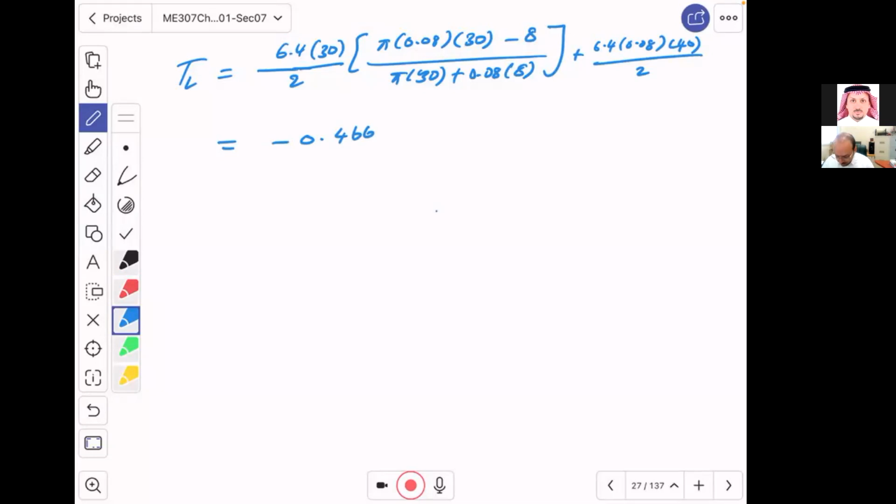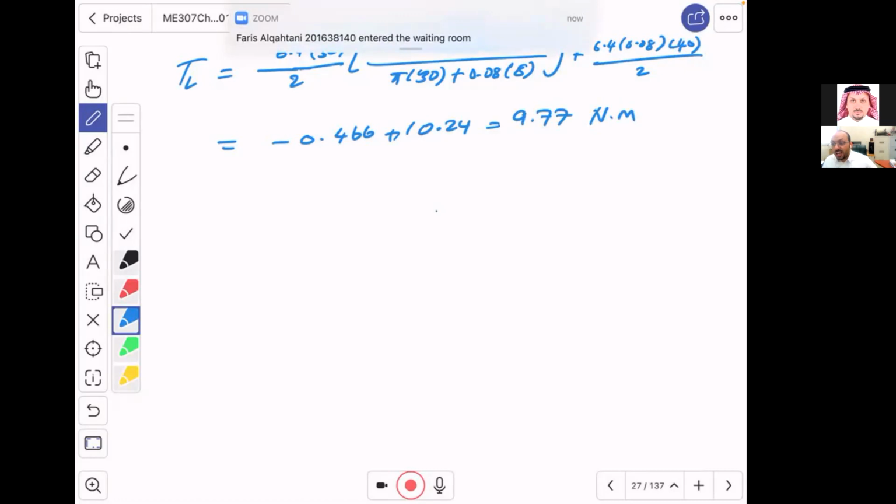Then 0.466 plus the torque of 10.24 from the collar is equal to 9.77 Newton meter. Now look, the minus sign in the first term indicates that the screw alone is not self-locking. If you put the screw alone, it's not going to be self-locking.